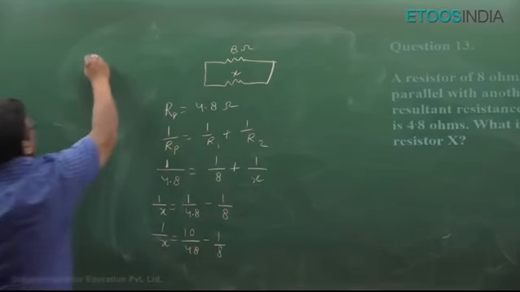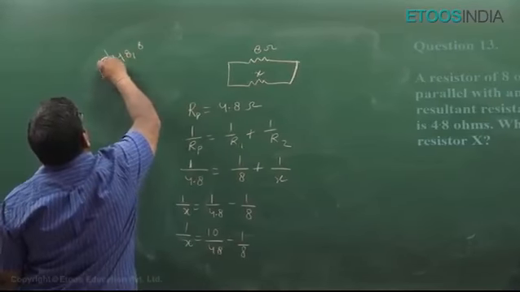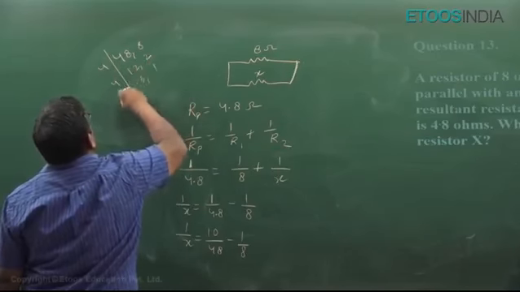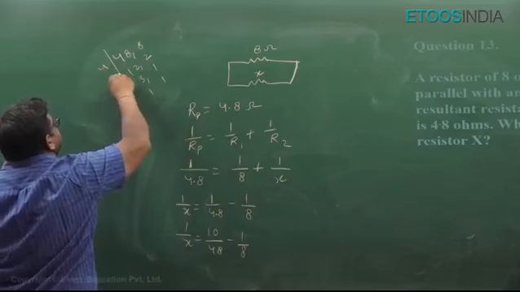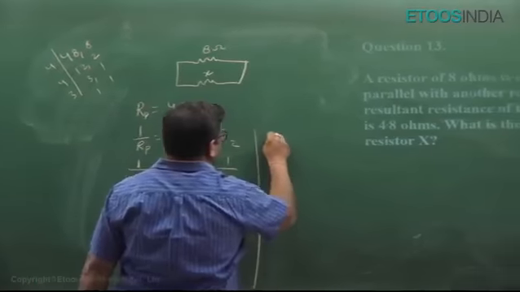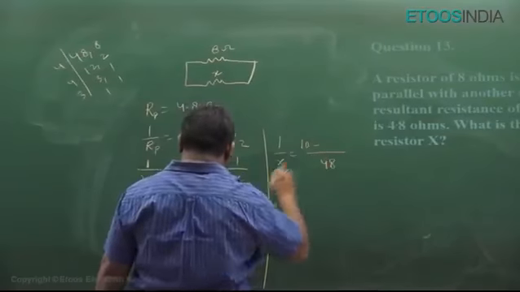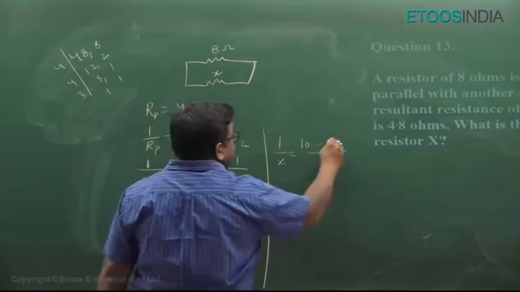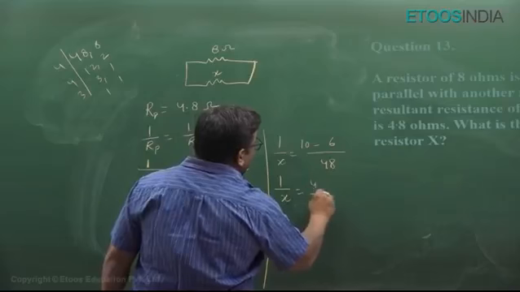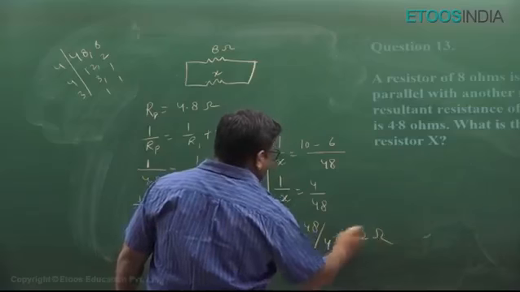So 48 and 8, the LCM will be 48 only. So 1 upon X is equal to 10 minus 6, or 1 upon X is equal to 4 upon 48, or X is equal to 48 upon 4. The answer is 12 ohm.